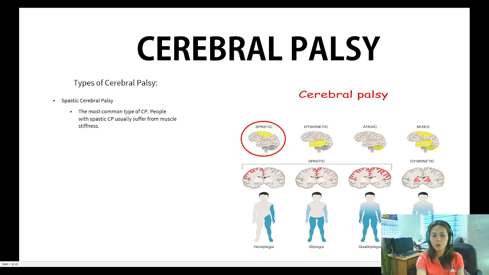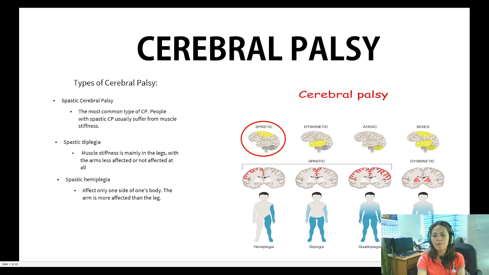We have here number one, spastic cerebral palsy. It is the most common type, and people with this usually suffer from muscle stiffness. We also have the spastic diplegia. Muscle stiffness is mainly in the legs, with the arms less affected or not affected at all. The third one is the spastic hemiplegia.